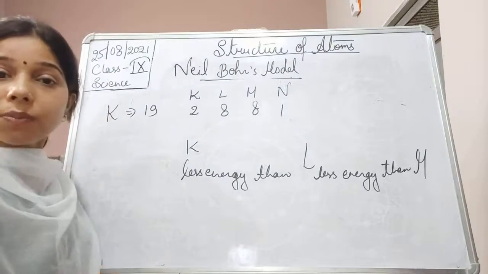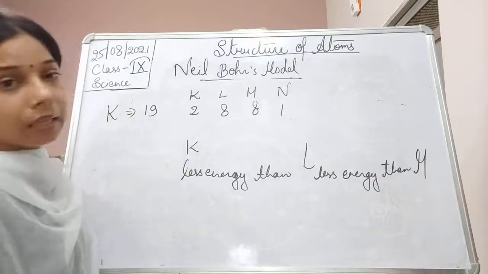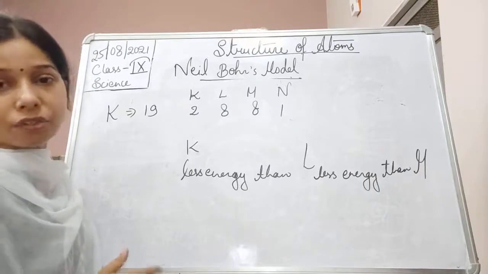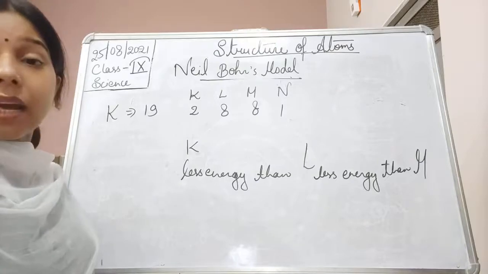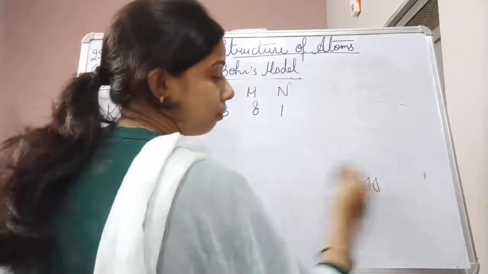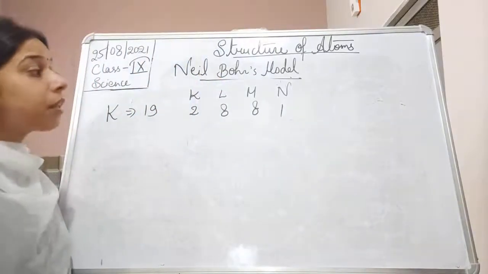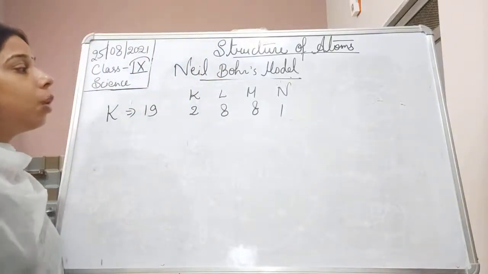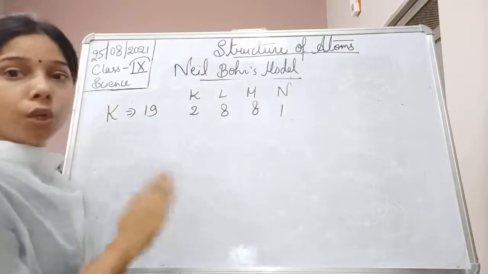So that is why it first enters the K shell, then the L shell, then the M shell, and then the N shell. So we can say that electron entry happens from the low energy orbit to the higher. When electrons enter the K shell, it has the low energy.